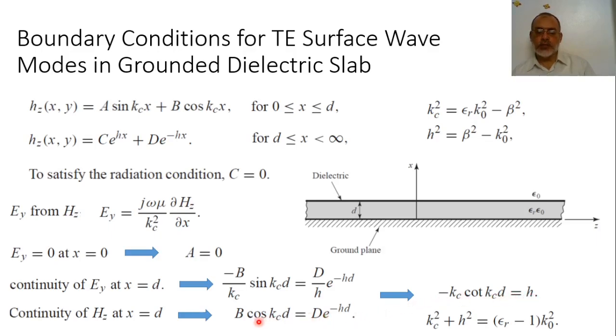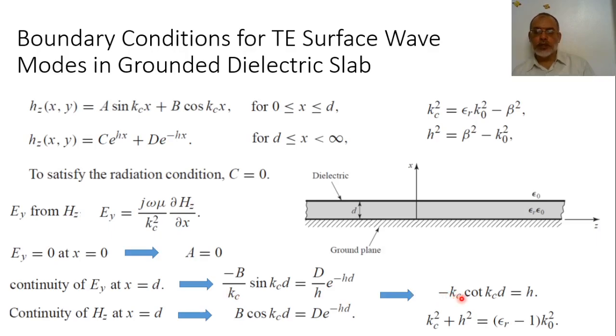Effectively, this is by dividing equation 2 by equation 1. Cosine over sine, and we have 1 over Kc, 1 over 1 over Kc would be Kc.